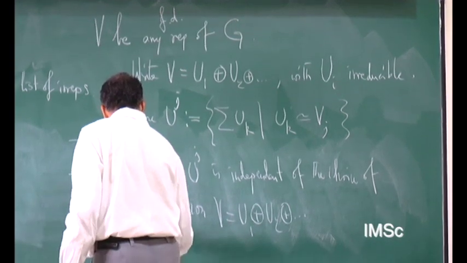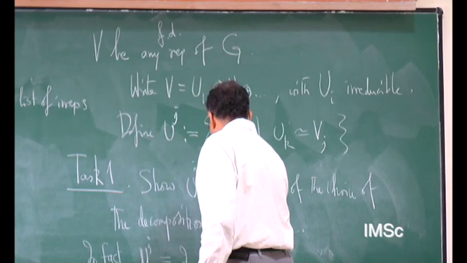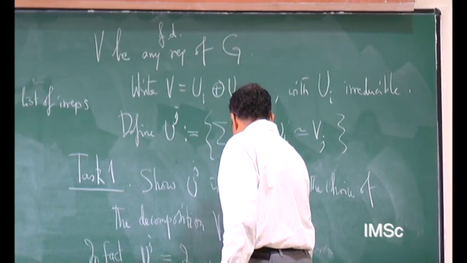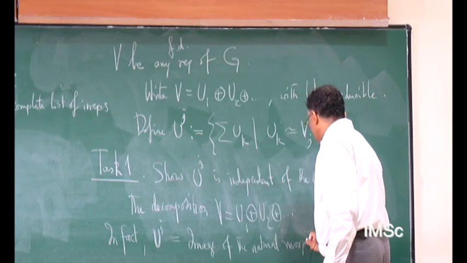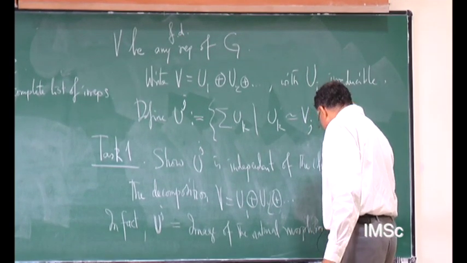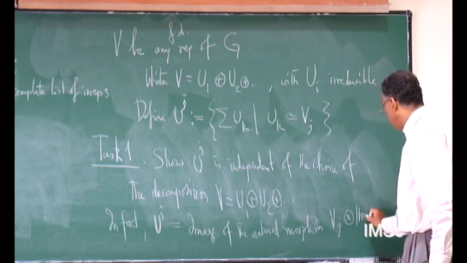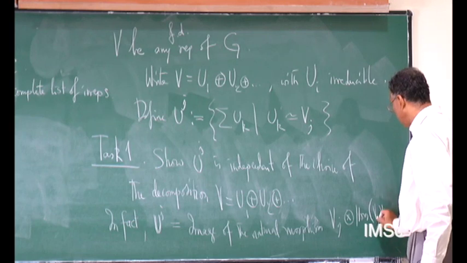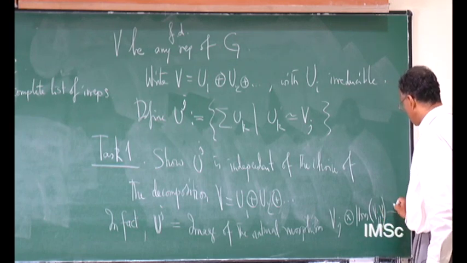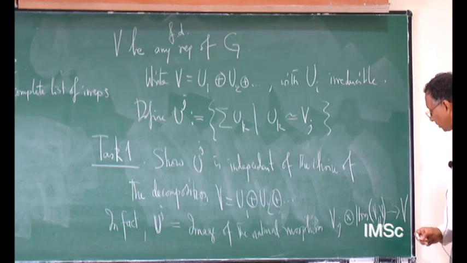In fact, the way we proved this was that U upper j was the image of the natural morphism from V_j tensor Hom_G(V_j, V) to V. Is something missing here?